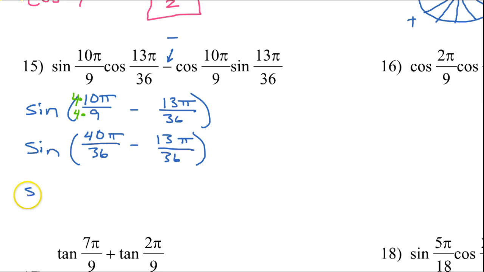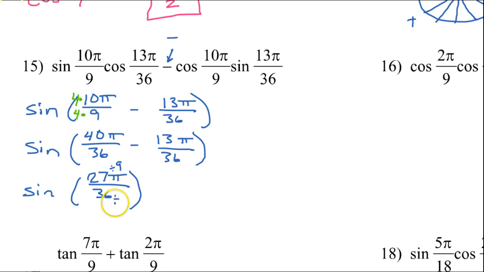Okay, so what's that? So I've got sine of 27 pi over 36. Now both of these are divisible by 9.